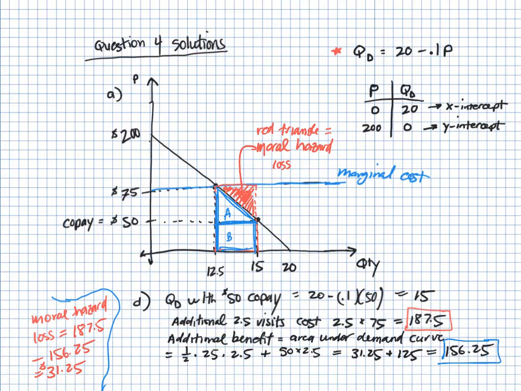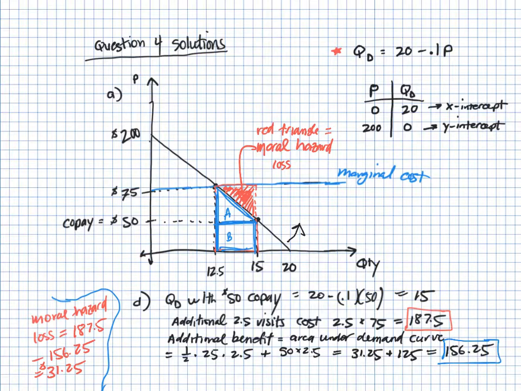Couple of slight differences though. With the 20% coinsurance, we usually model that by changing the position of the demand curve. The demand curve with the coinsurance sort of rotates out in this direction here. That's how we get the extra consumption. But again, fundamentally, that does not change the outcome.